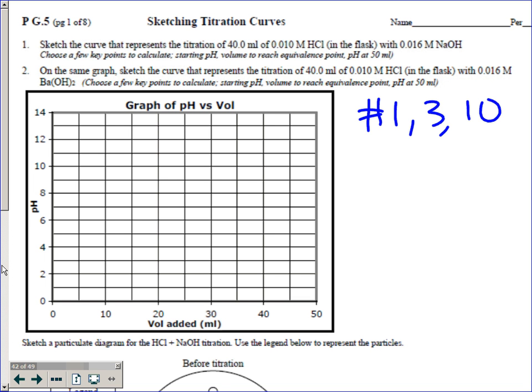Questions? Show your work, guys, okay? These are good FRQ-based practices.